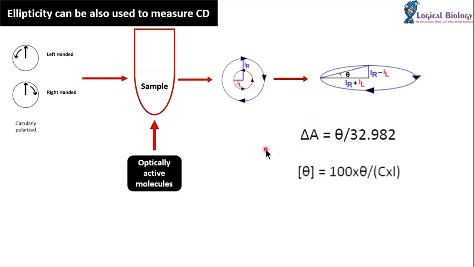Now there is molar ellipticity, one more unit, that is nothing but 100 into theta divided by concentration and path length. So if you show theta in terms of concentration and path length, then it becomes molar ellipticity.